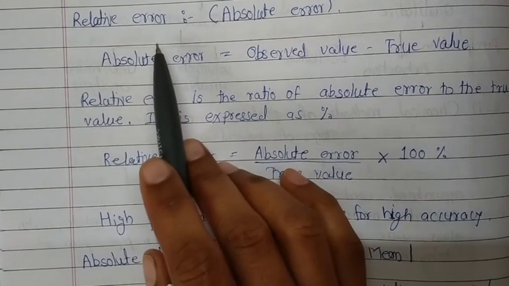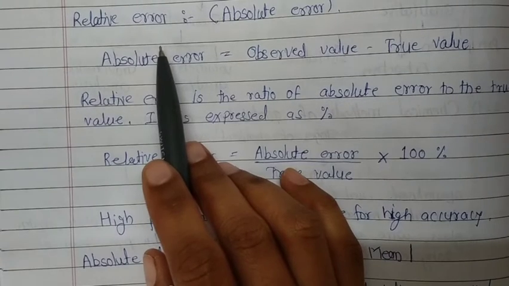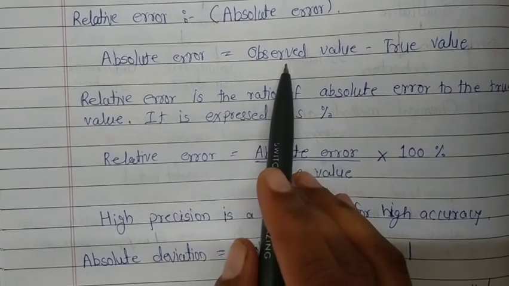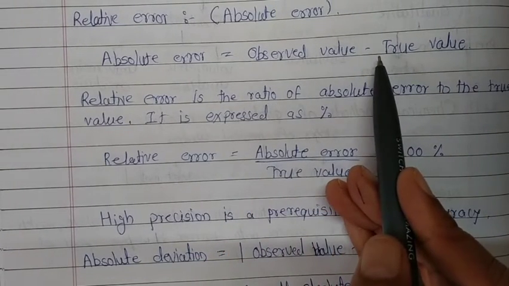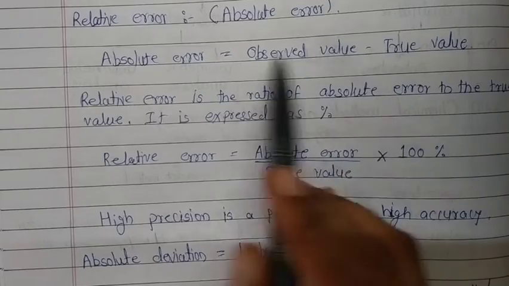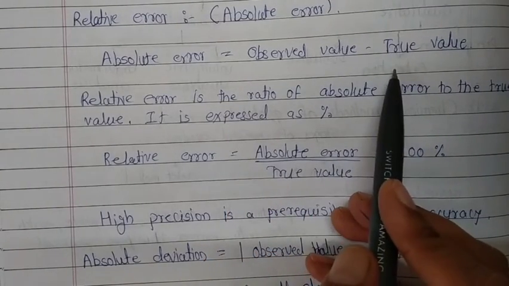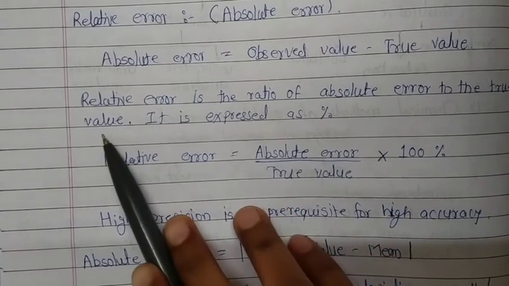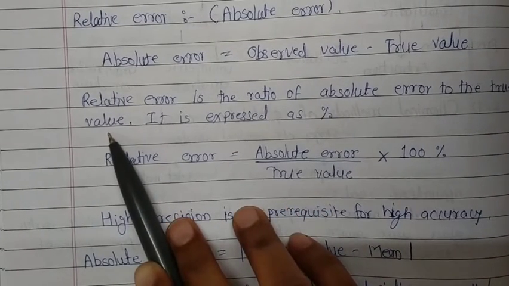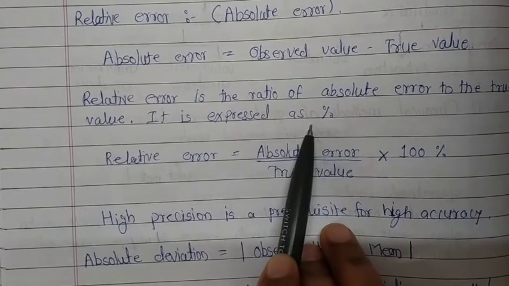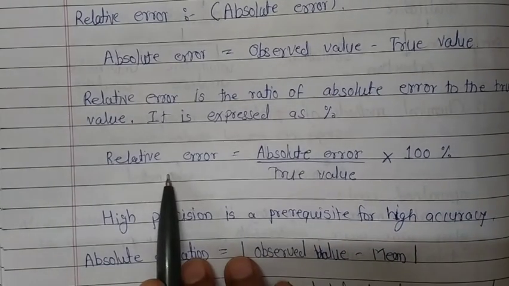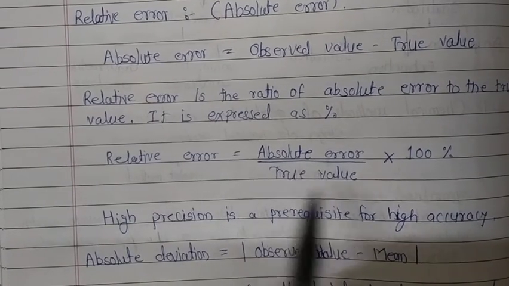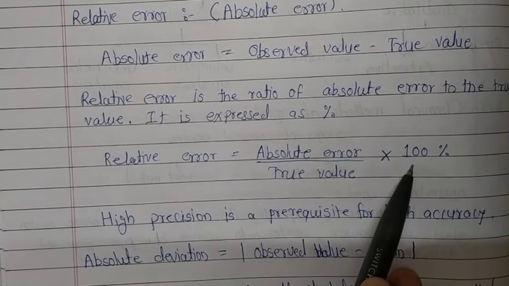Absolute error is nothing but the observed value minus true value. The relative error is the ratio of absolute error to the true value, expressed as a percentage. Now how can we write the formula? Relative error is equal to absolute error upon true value into 100%.